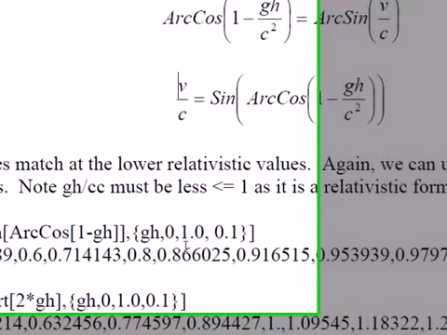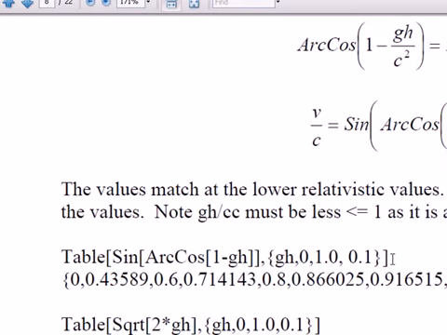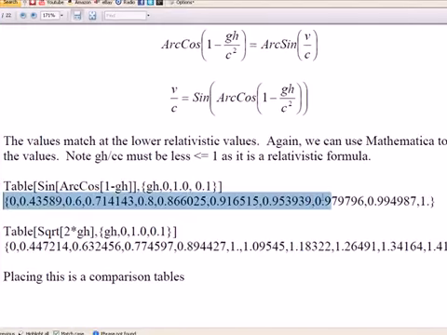In the case I'm talking about here, we start at 0, go to 1.0, with steps of 0.1. That's what this means. So we know g times h, and these are the values that we get back.